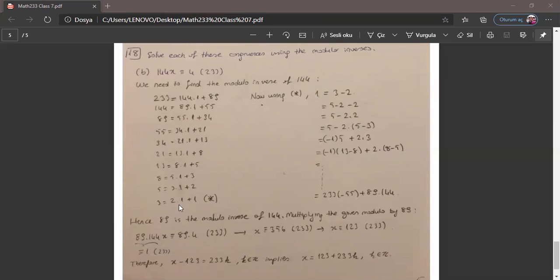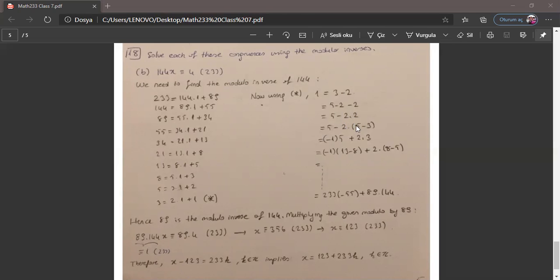So 1 can be written from this equality as 3 minus 2. Instead of 2, we can write 5 minus 3. And for example, instead of 3, we can write 5 minus 2 again. Then we have 5 minus 2 times 2.